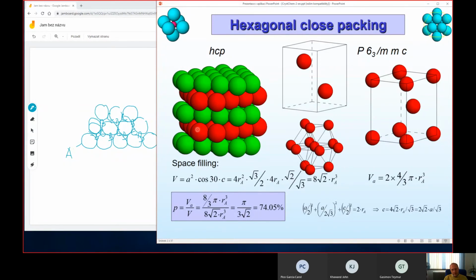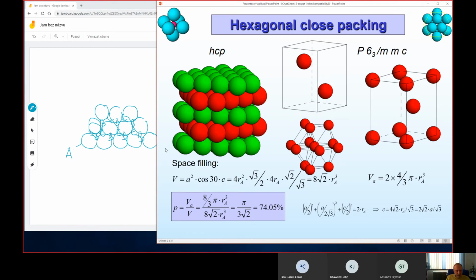The color here doesn't represent different atoms, but only different positions of atoms or relative positions of the layers. So both green and red atoms belong to the same type of atom, but the color denotes the different arrangement or position.